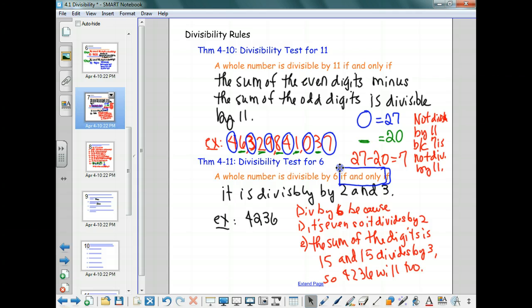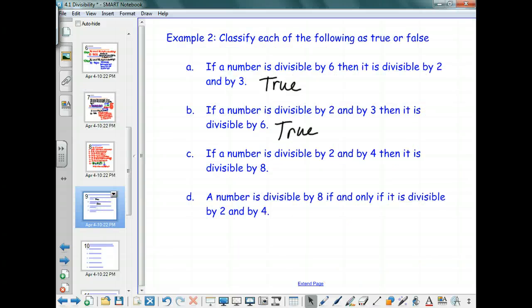If and only if means that I can read this direction going front ways or going back ways. I can make the first part the if and the second part the then, or I can make the second part the if and the first part the then. And this worked on all of these divisibility rules. They are interchangeable. So this problem that we just did and put true on is exactly those 2 statements separated out and written without the words if and only if between them. So it really does work in both directions.